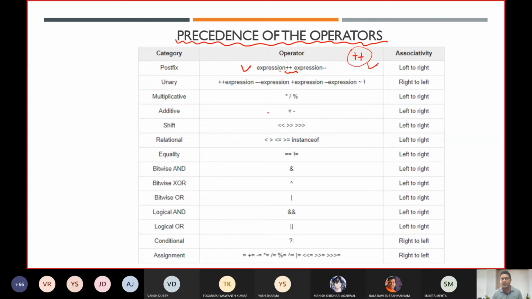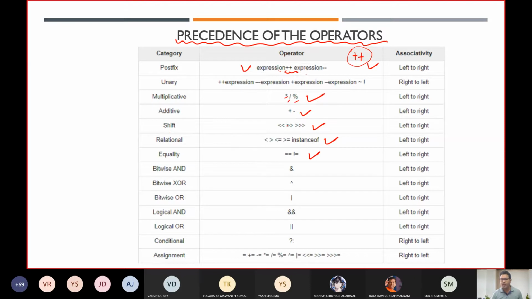After that, you give priority to multiplication, division and mod. Then plus and minus, then shift operators, then relational operators.